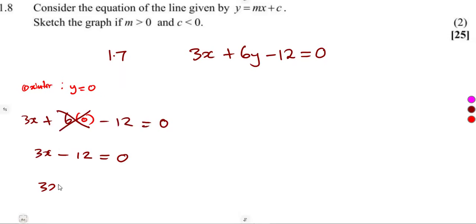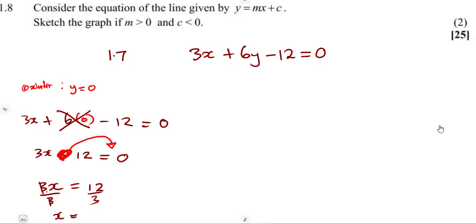So to solve for x, take the minus 12 to the other side of the equation. That was going to be a positive. The moment it crosses the equal sign, it changes this sign here. So that was going to be a positive 12. 3x. We need x, not 3x. So what are we going to do? Divide. That's a product. So we divide by 3, both sides of the equation.